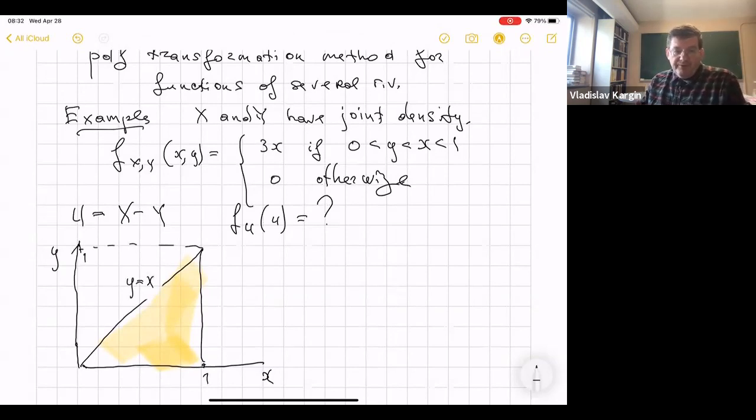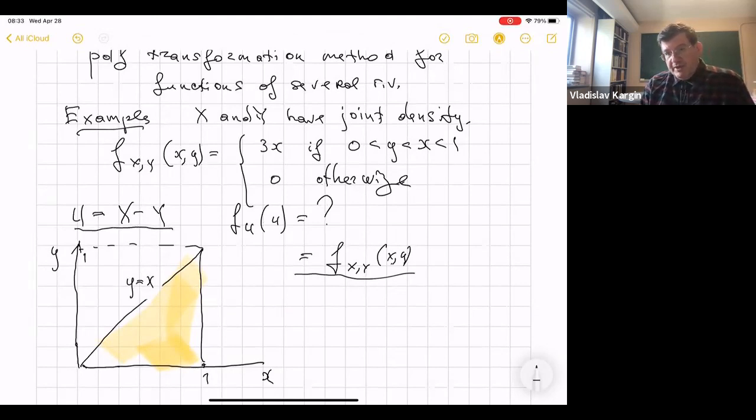Now, if we want to apply the PDF transformation method, we would say that this is equal to f of x, y, and look at what x and y correspond to u. But if you look at the x and y which correspond to some specific u, we see that if we fix u, there are many points which correspond to this u.